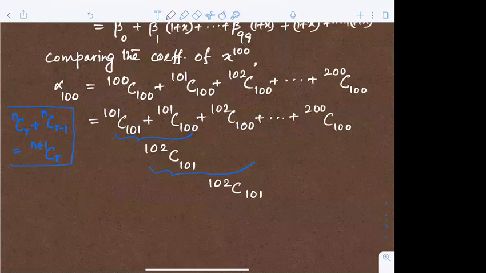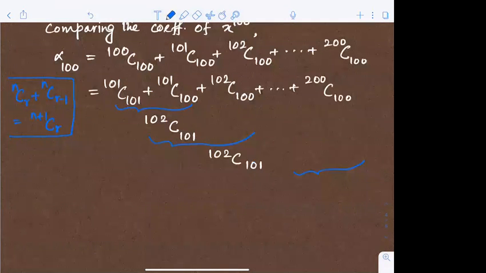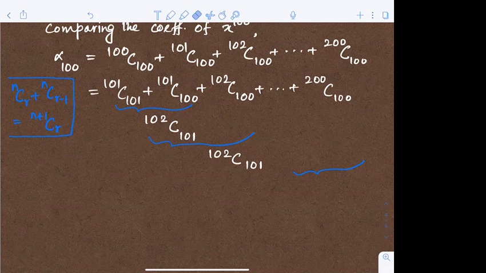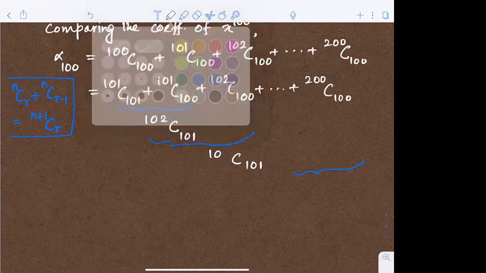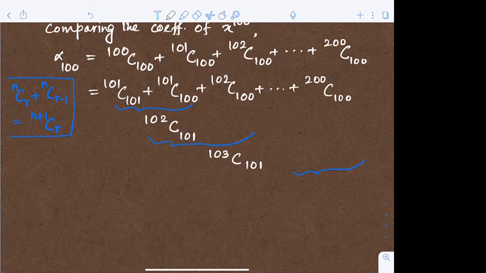So finally, when I take it with the last term, what will I get? One minute, there is a mistake here. It should be 103. So when I take 102C100 at last, I got 103C101. If I take it with 200C100, I will finally get 201C101.